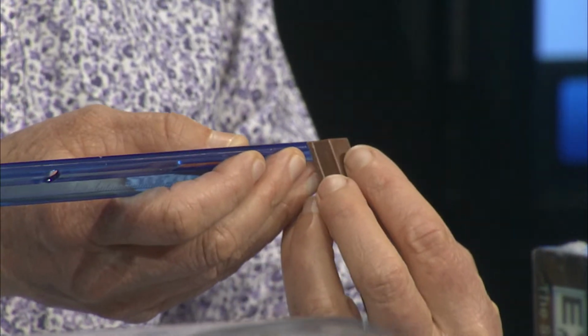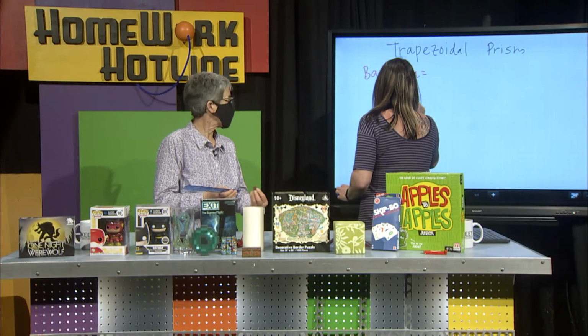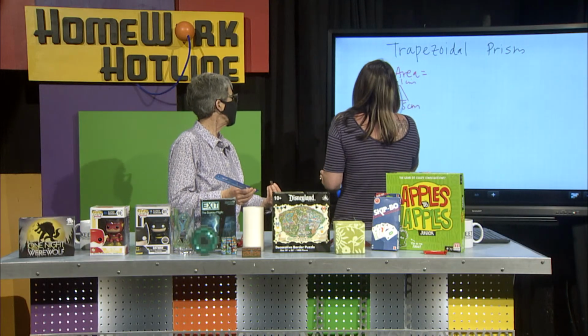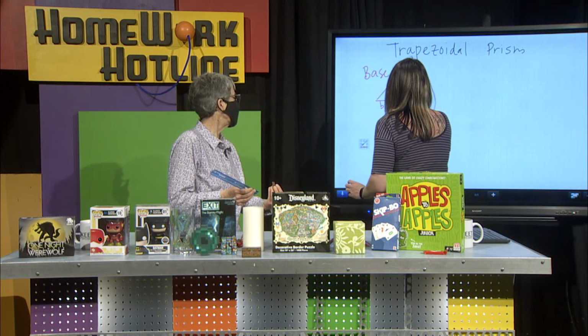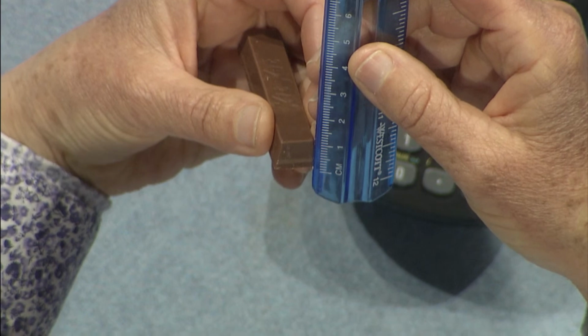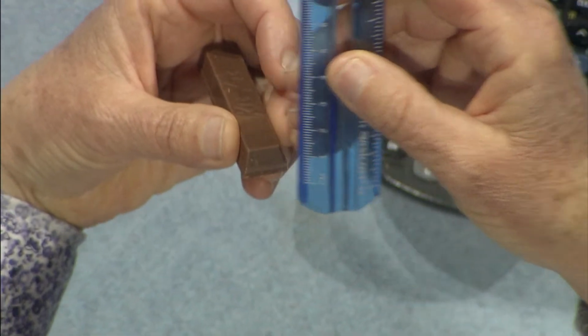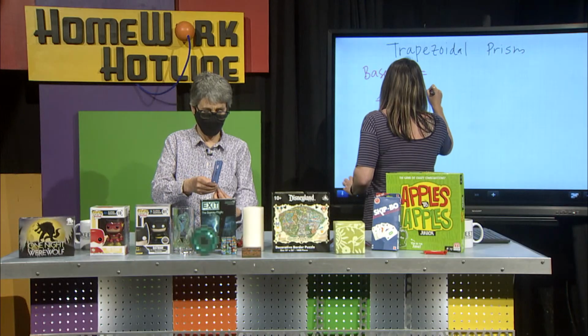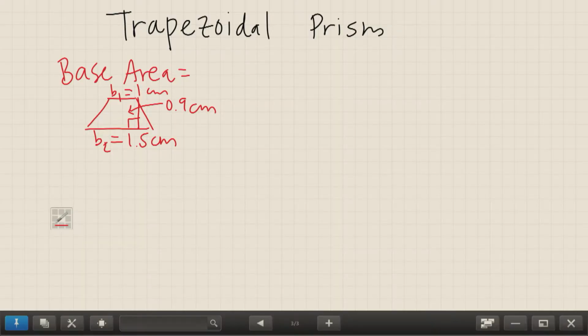That's 1.5. I was just measuring it to see, they're so tiny. And then what's my height? Your height is 0.9 centimeters. I mean, the others were more straightforward. I was like, I don't know if it's going to be too tiny with centimeters, but it's not. It has enough.